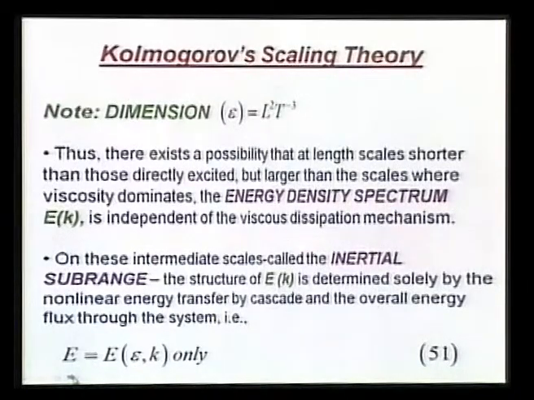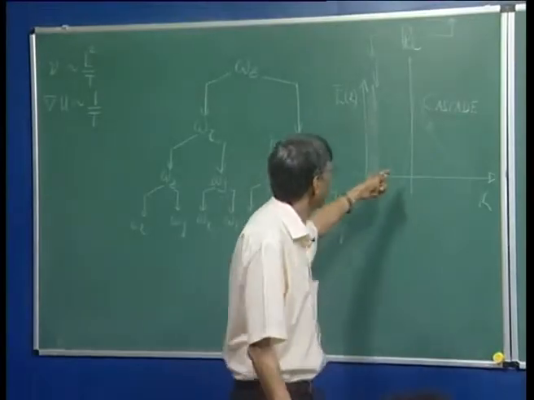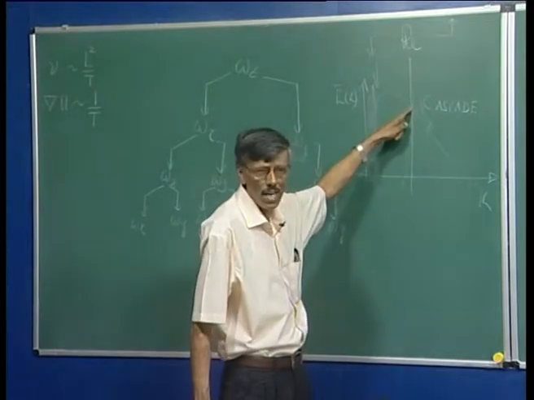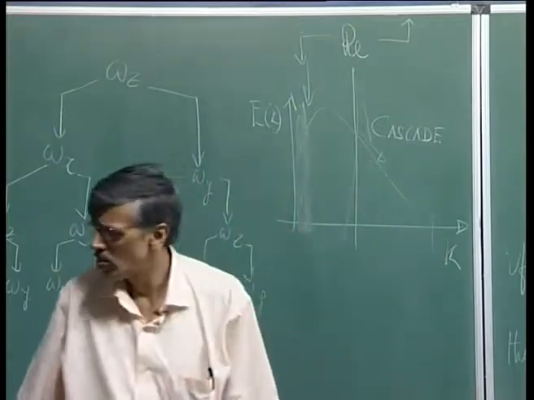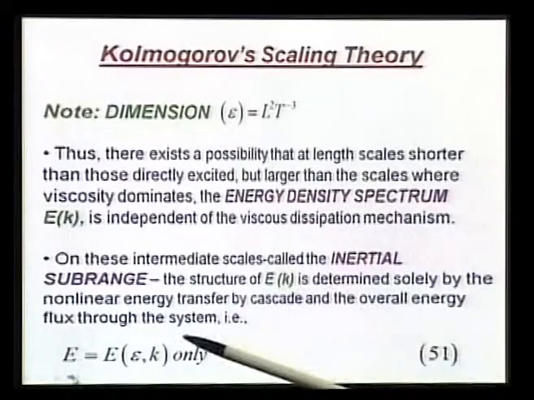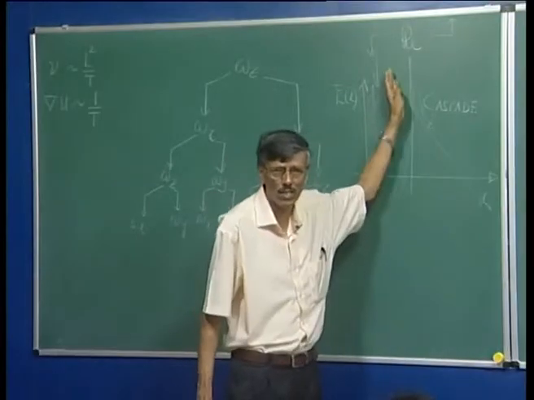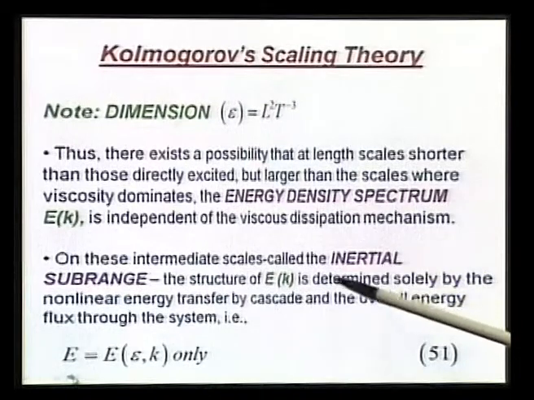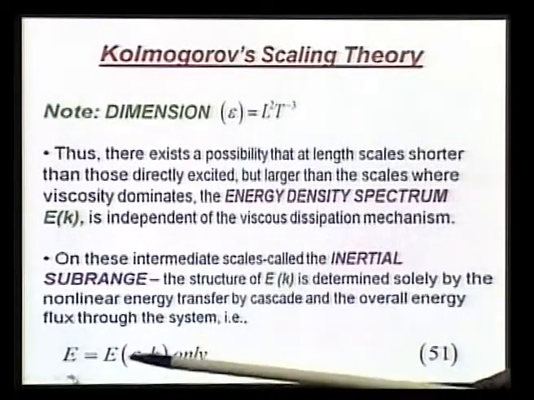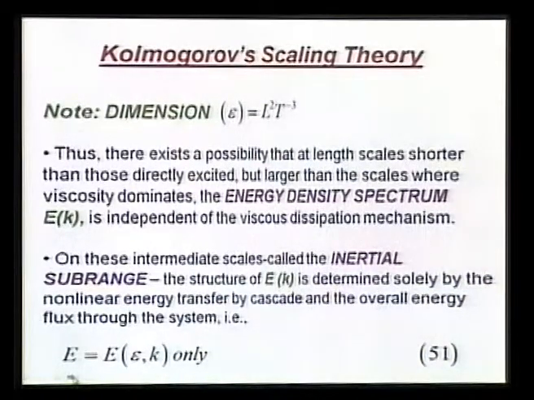It will also of course be a function of k, because that is what we are looking at. We are looking in the k space. So, what happens to the energy at this k is different than this. So, there is a direct dependence on k. So, basically in this inertial subrange, which is neither to the left nor to the right, in the middle, the middle ground, E would be a function of epsilon and k only, right.